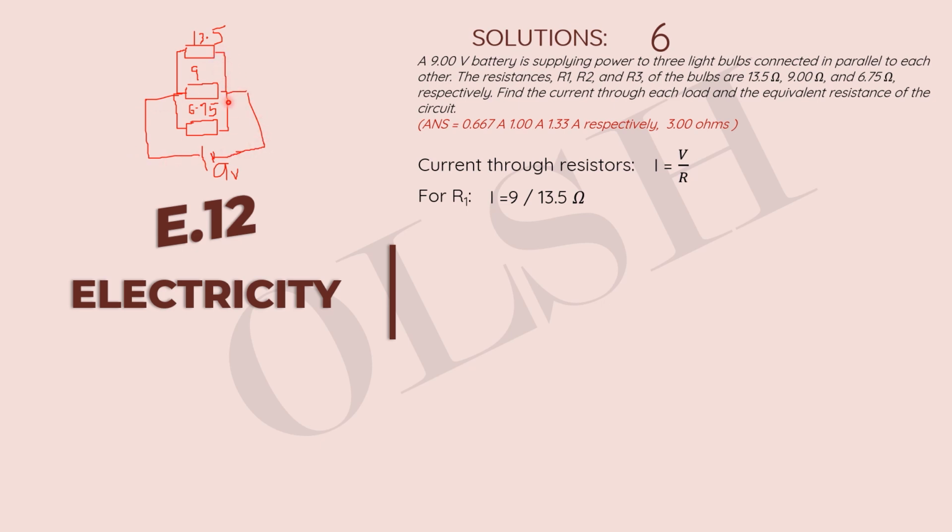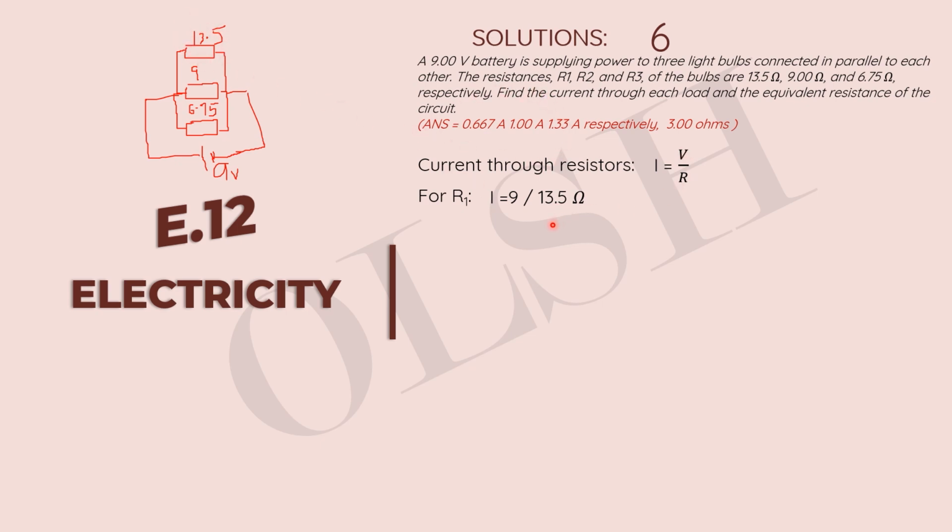All these points are connected together. This is a junction, this is a junction. So the potential difference across this point and this point is 9 volts, which is also the same potential across the terminals of this resistor. So we have 9 volts divided by 13.5 ohms.